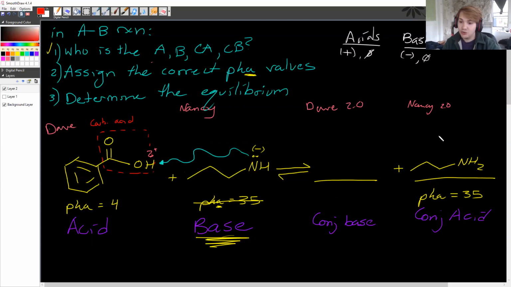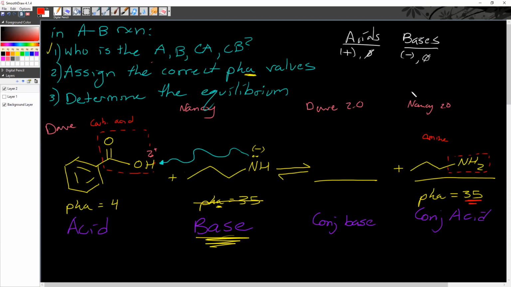This NH2 group is an amine functional group, and amine functional groups have a pKa of 35. So basically, to answer your question, you know this pKa value is correct because the functional group that you create is going to be the same. Does that make sense? Yeah, thank you.